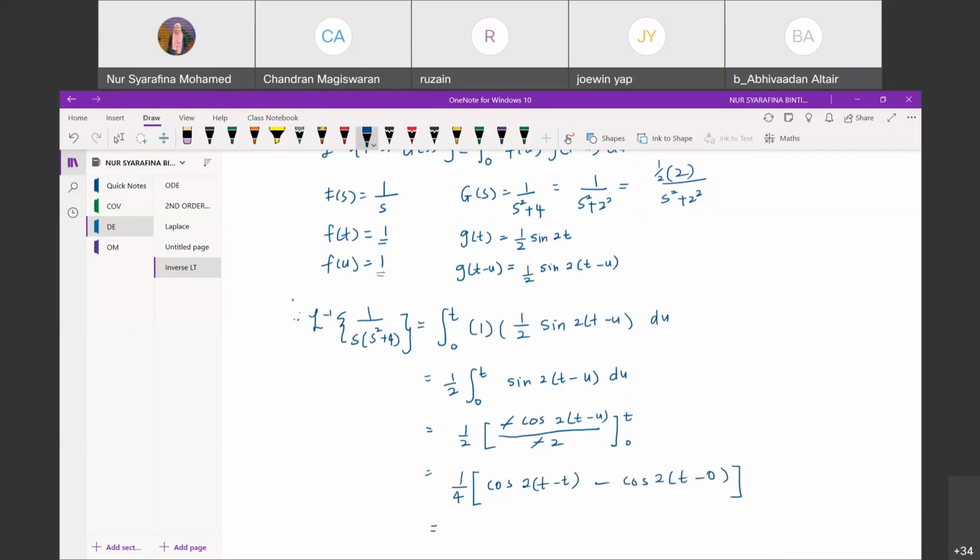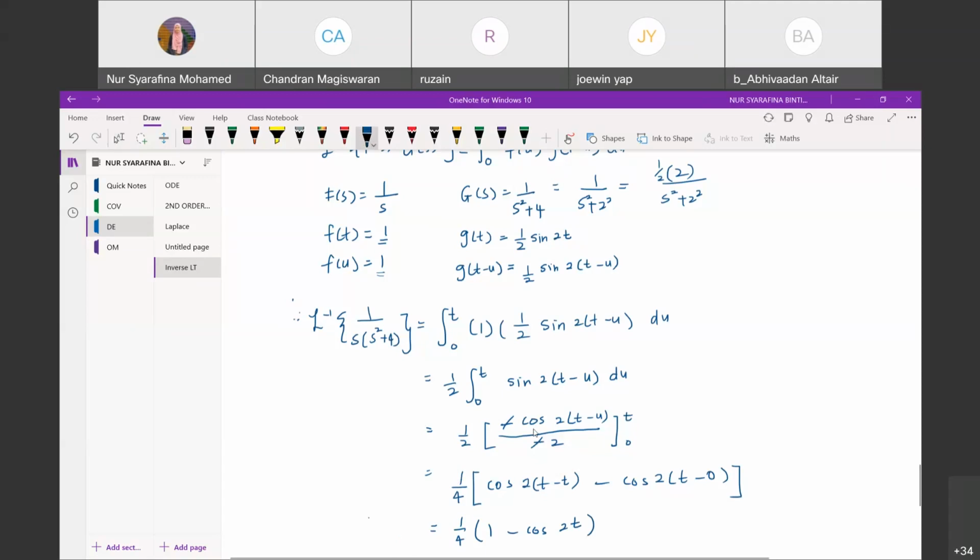Cos 0 equals 1, so the result involves cos 2t. Clear or not? So this is how you obtain the inverse transform.